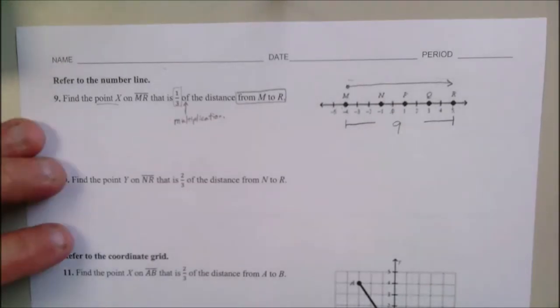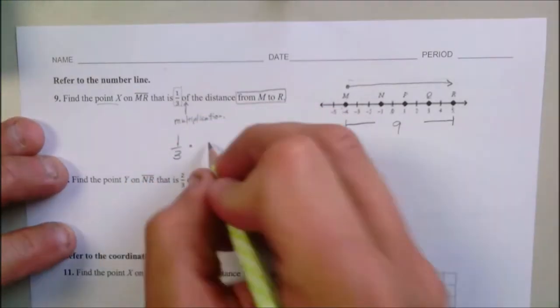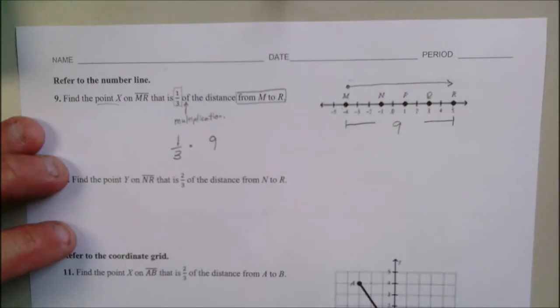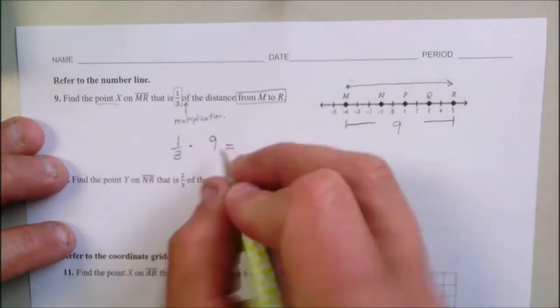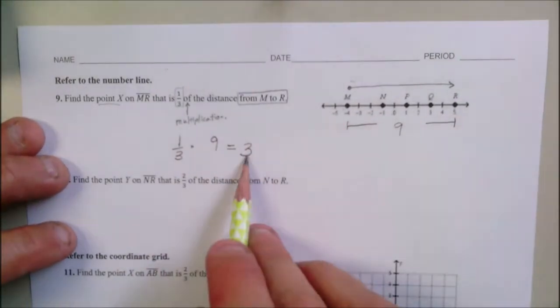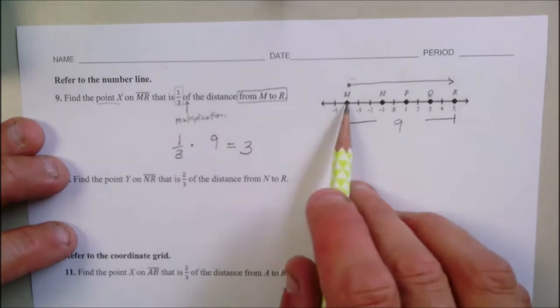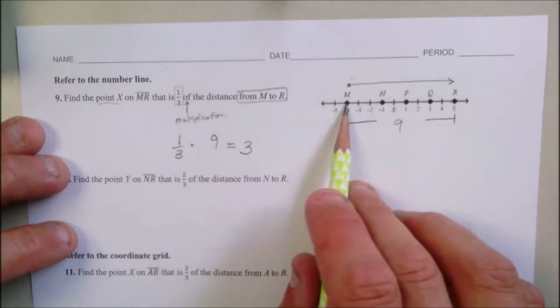So I'm going to take 1/3 of the distance from M to R. Now some of you might need your calculators here, but 1/3 of 9 is 3. This is the distance I'm going to travel from M to R. If I go 3 units in that direction, that should give me where X is going to lie.